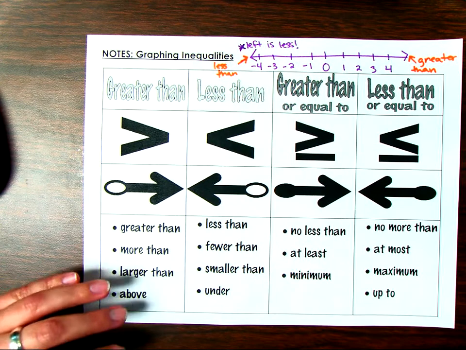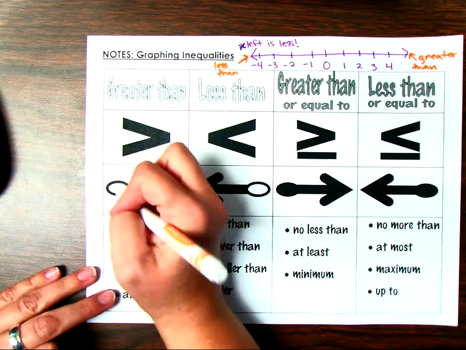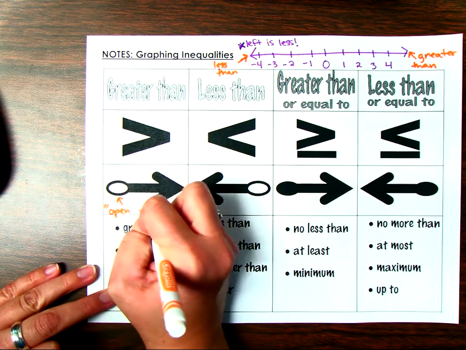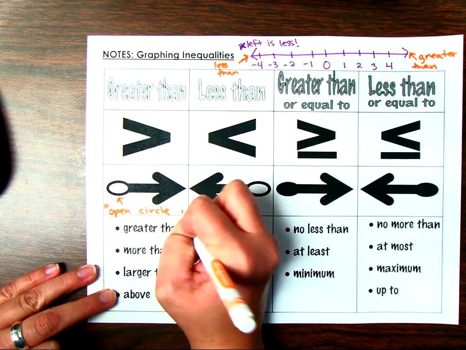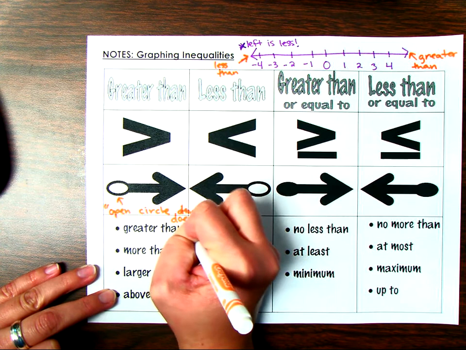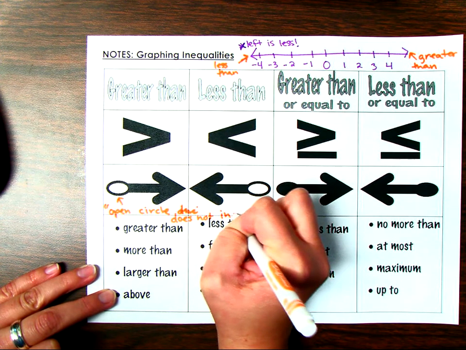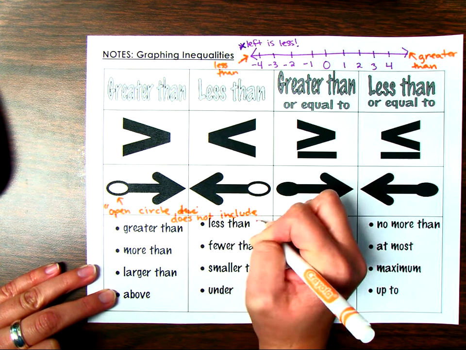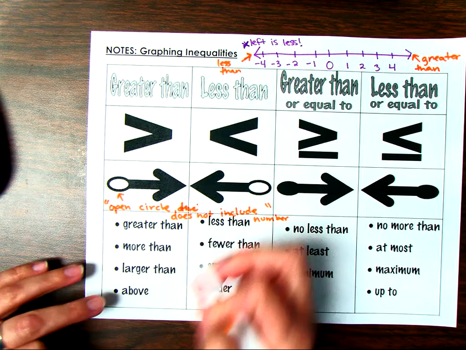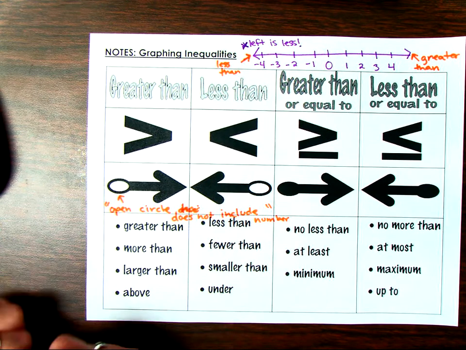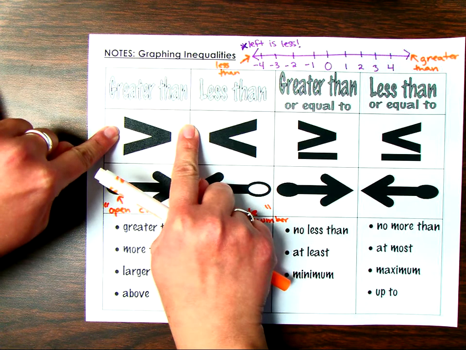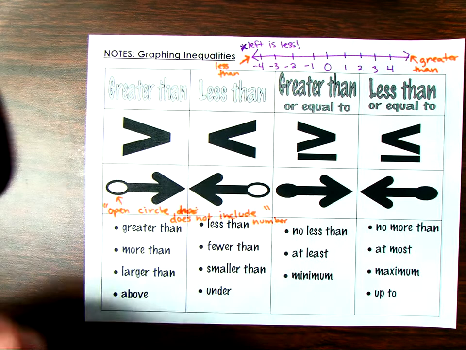And again, the open circle does not include the number that we're comparing. So for example, if it was x is greater than 3, you would start at 3, but any number greater than that would work. So these are kind of like our starting points.